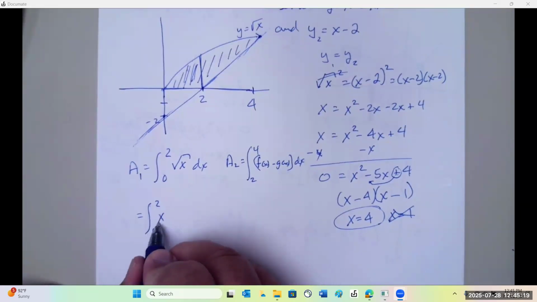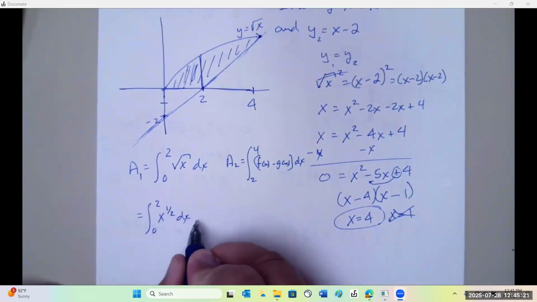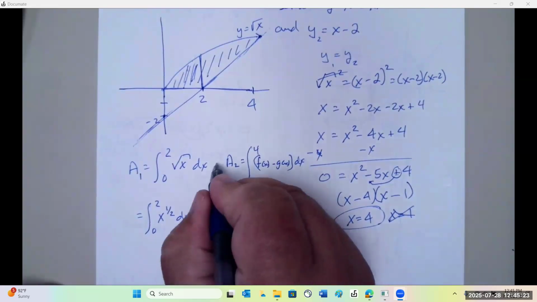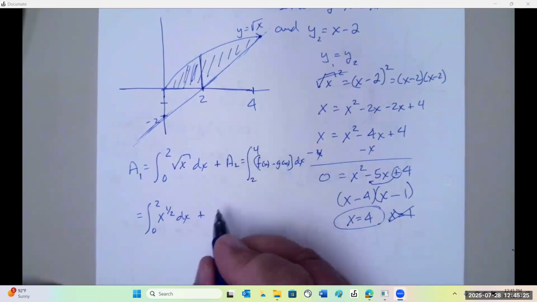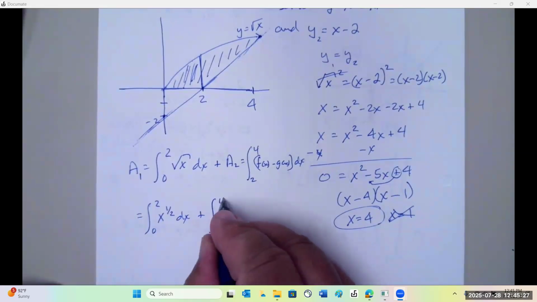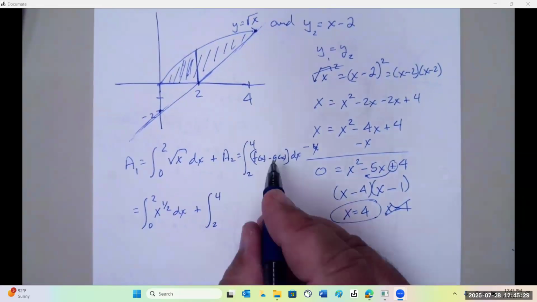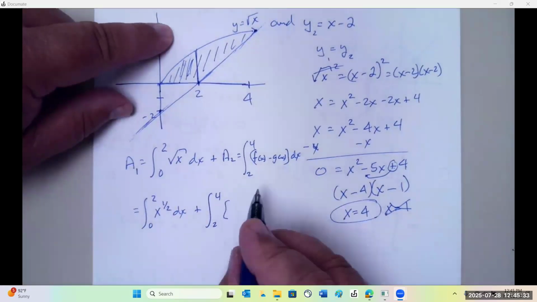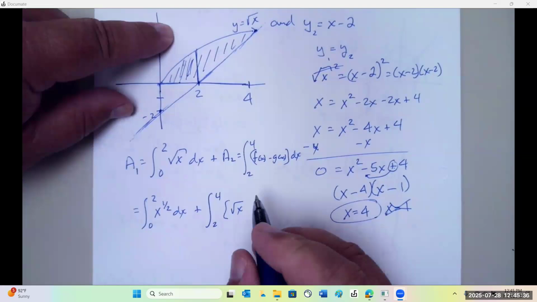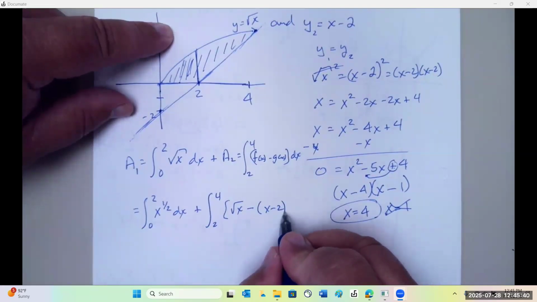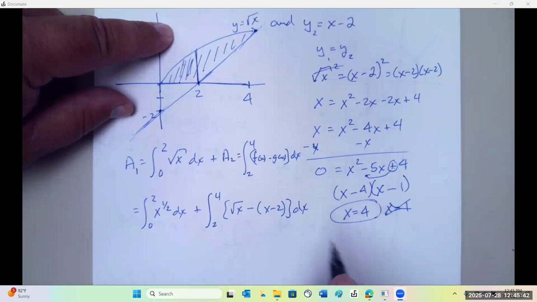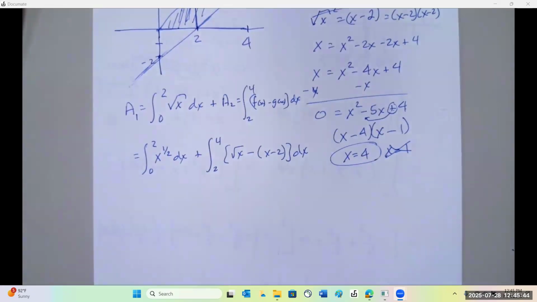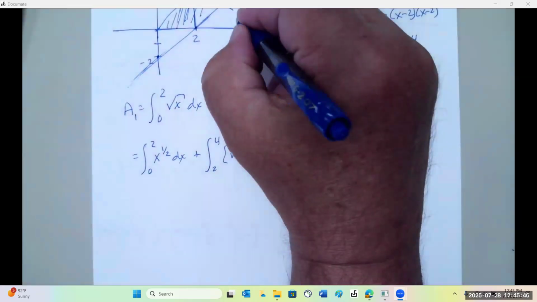So we have the integral from 0 to 2 of x to the power 1/2 dx, and we're going to add these two together. Plus from 2 to 4, f of x is the square root of x minus the function x minus 2. That's this one.